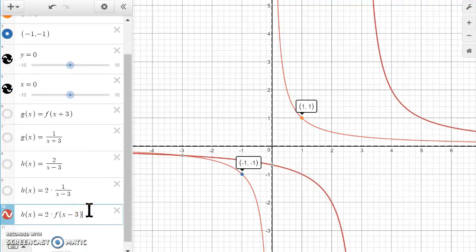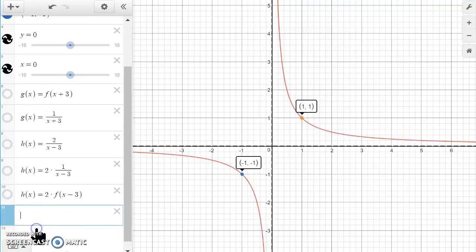Now that I have converted my h of x into a vertical stretch and a horizontal translation, I can predict my points. So my points would be 1, 1. I need to move to the right by 3 units, and then multiply my y coordinate by 2.